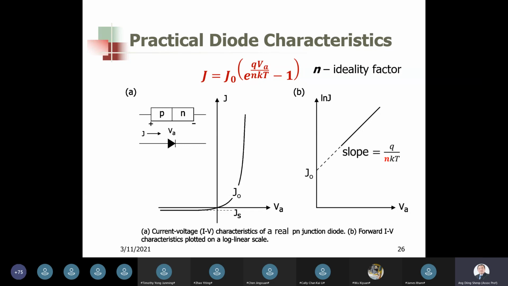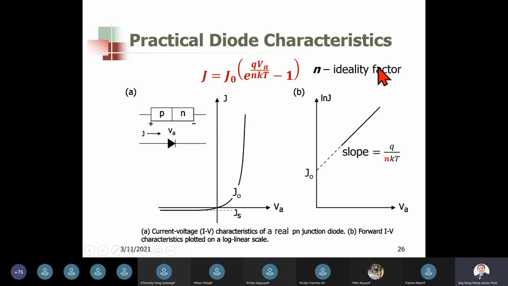So, in order to still make use of the ideal diode equation to describe the IV relationship of a practical diode, people introduce an additional parameter, n, into the ideal diode equation. n is introduced at this position here, in the denominator of the exponent. n is called the ideality factor.